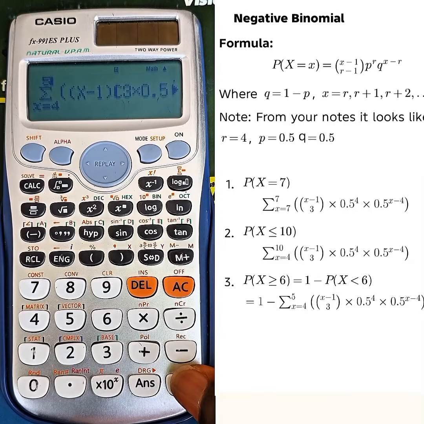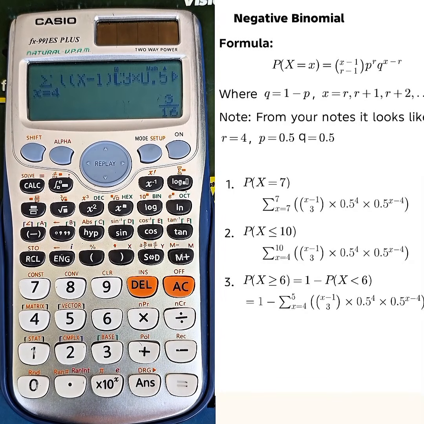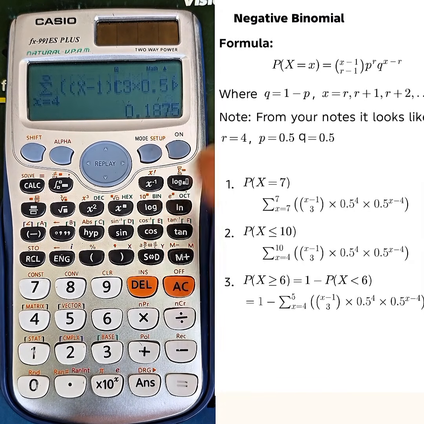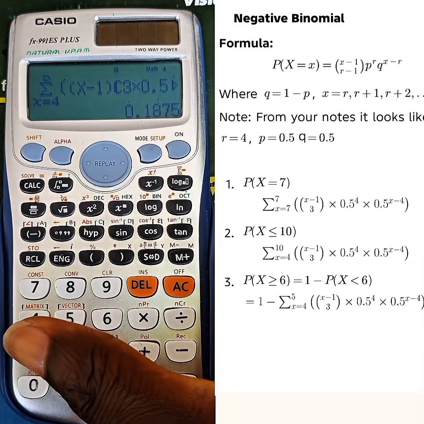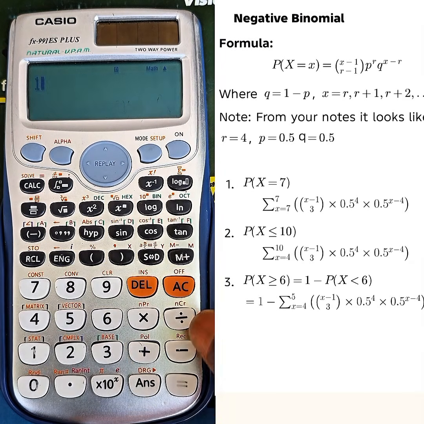So now we press our equality sign. We'll have our answer as 0.1875. So this is not the answer for at least 6 tests. You have to subtract from 1. So we're going to press 1 minus answer.